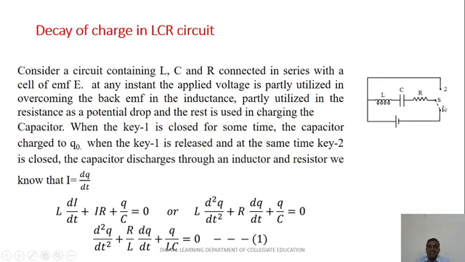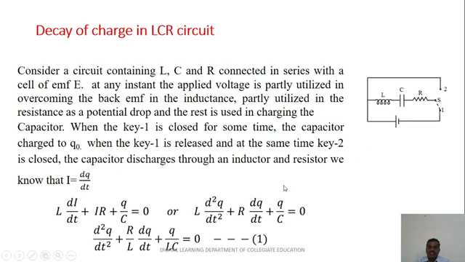When key 1 is closed for some time, the capacitor is charged to Q0. Next, when key 1 is released and at the same time key 2 is closed, the capacitor discharges through the inductor and resistor.